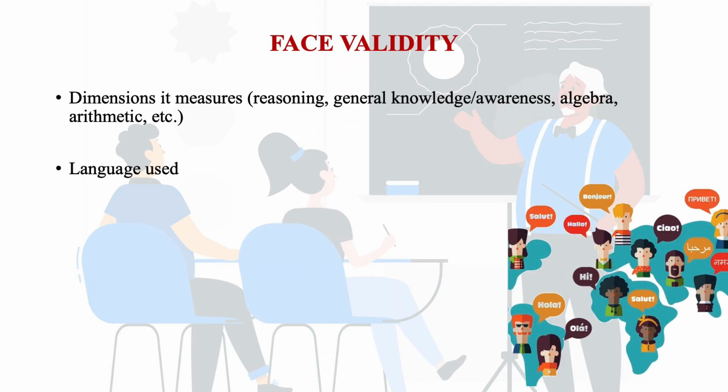The expert or specialist will go through the items of reasoning, whether they are related to reasoning or not, whether related to general knowledge or awareness or not, whether related to algebra or arithmetic or not. If they are related to algebra, arithmetic, reasoning and general knowledge or awareness, then you can say that the tool has face validity. And language used is also another aspect to know the face validity of the tool.